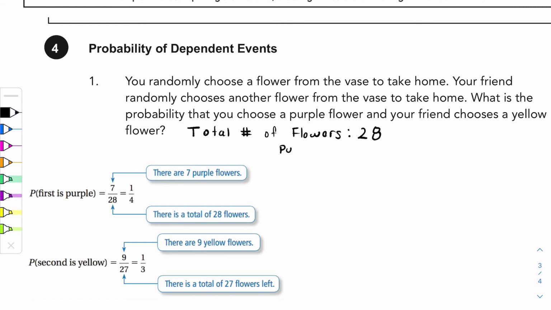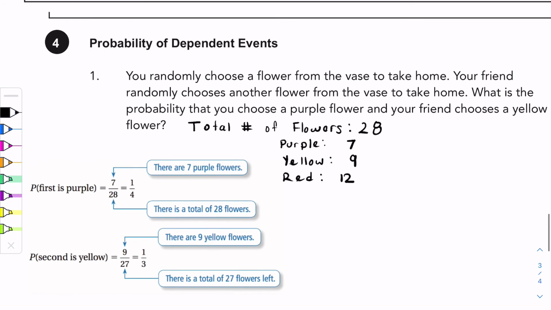There's going to be 7 purple flowers, 9 yellow flowers, and 12 red flowers. So please add this info. We can't answer this problem without it.